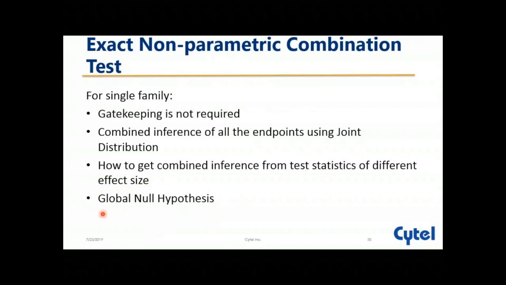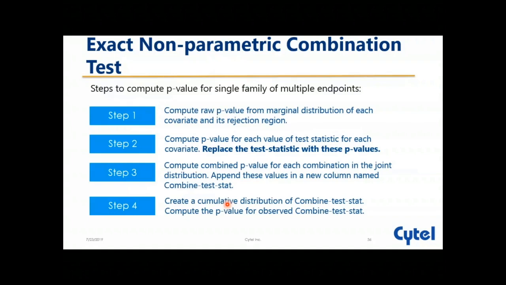null hypothesis. So if this global null hypothesis is rejected, we'll say, yes, treatment is better than control. So this global null hypothesis will be actually the intersection of each individual null hypothesis for each endpoint. So that's the idea behind the non-parametric combination test.